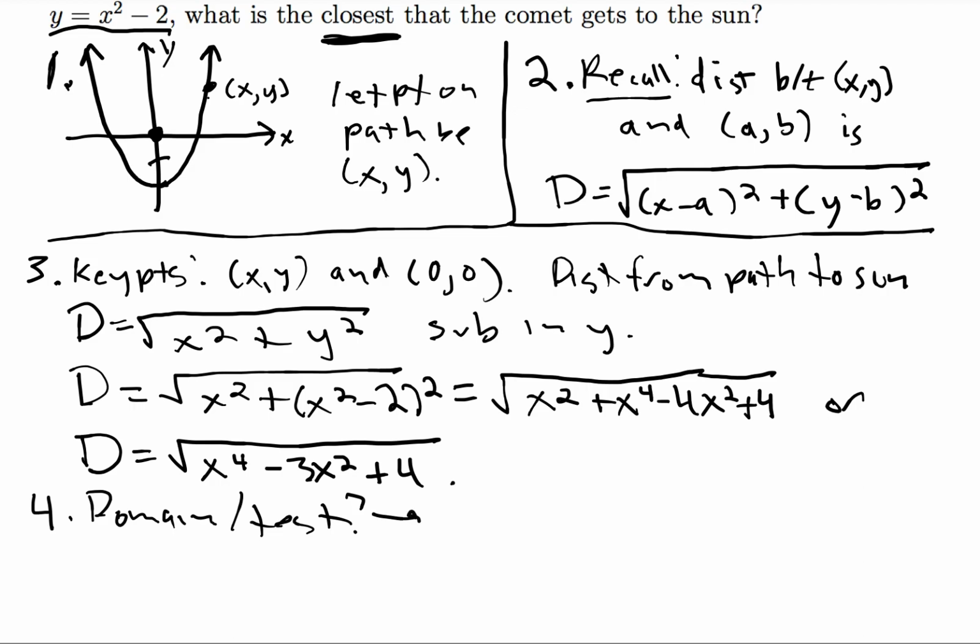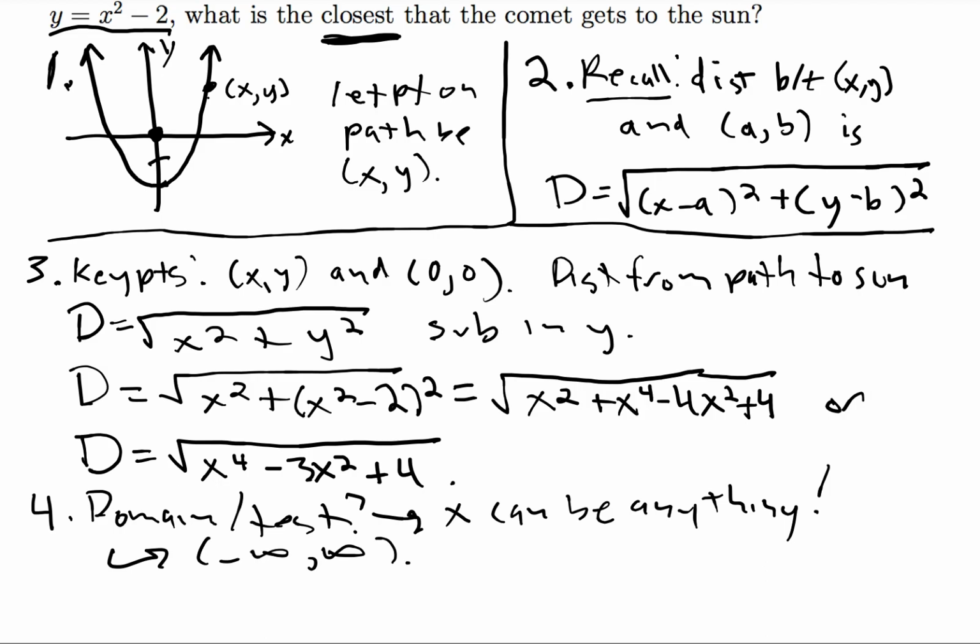So here I'll go ahead and note, this is one of those rare cases, x can be anything. So my domain is basically from minus infinity to infinity, all the real numbers. No restrictions on this. My comet can be basically anywhere here, at least as far as left-right goes in this diagram.